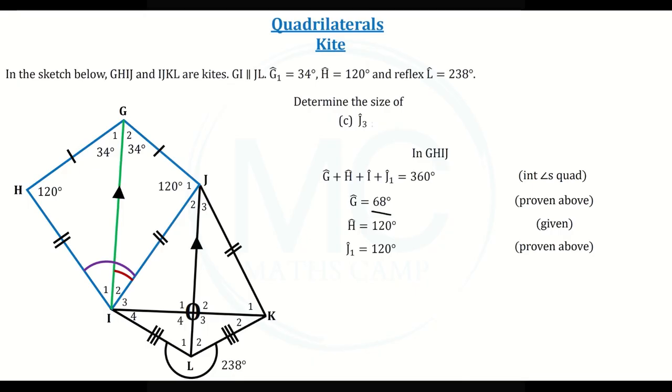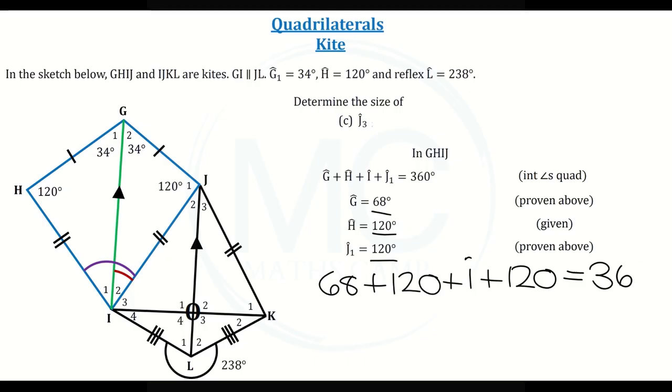Angle G, 68 degrees, plus angle H, 120, plus angle I, the angle we're looking for, plus angle J1, 120, gives us a total of 360 degrees.